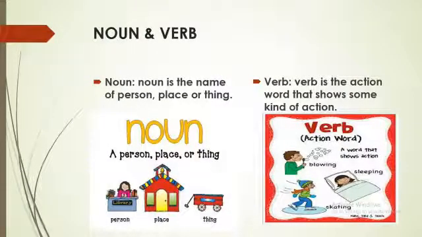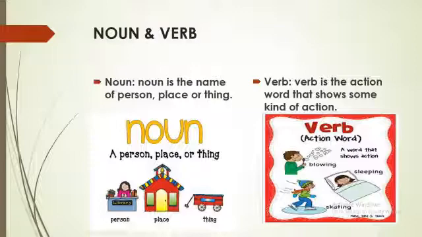Next question is very interesting. We know that noun is the name of a person, place, or thing. Person can be anybody, you, me, your friends, your parents, Ali, Seema, whatever.